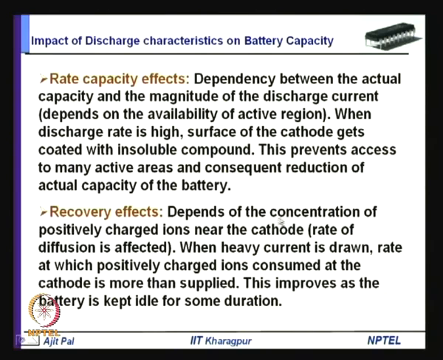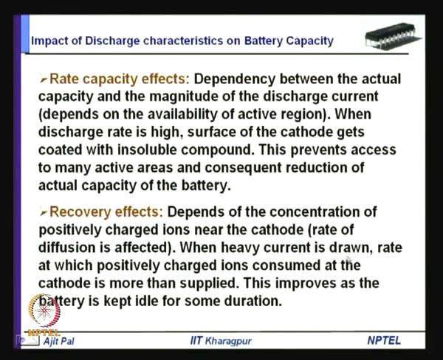So, it depends on the concentration of the positively charged ions near the cathode. That means, the rate of diffusion is affected by this particular phenomenon. The concentration of positively charged ions near the cathode decides the current driving capacity.